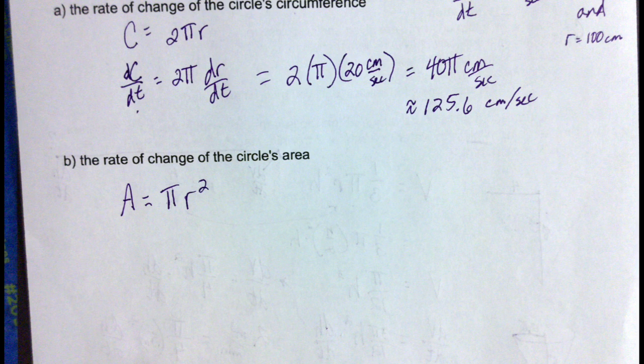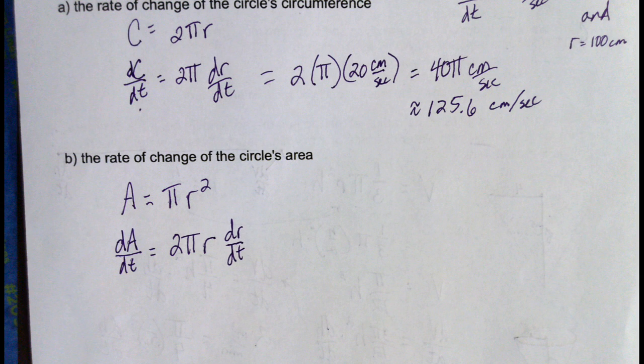Okay. So this will be 2 times pi times, wait, what do we plug in for r? 50 and then 100. Very good. So I'm going to plug in 50, and then dr dt is 20, and that would be 2,000 pi, and then 4,000 pi.